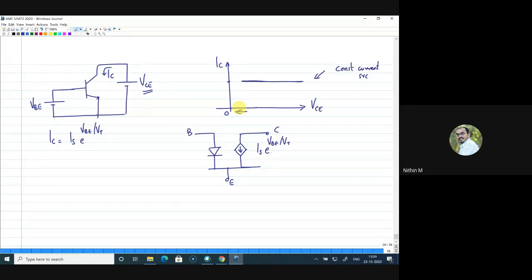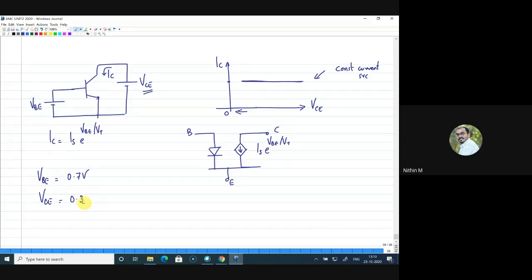So what will happen is, if you reduce VCE beyond a value, there are chances that the junction will turn from reverse bias to forward bias. Let me explain in this way. Say, for example, you have a VB equal to 0.7, and you have a VC which is equal to say 0.3.